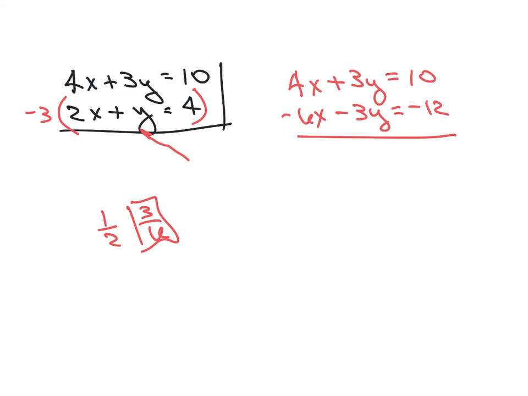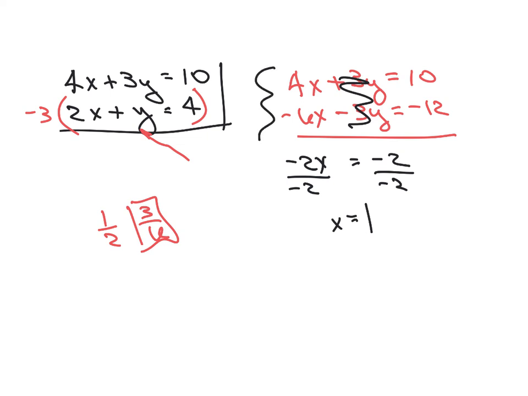All right, so now let's add these. This gives me -2x. These go away, and that equals -2. Exactly what I wanted. Got rid of one of the variables. Now we can solve for x. So x equals 1. Now we're going to take either one of these equations here, it doesn't matter.